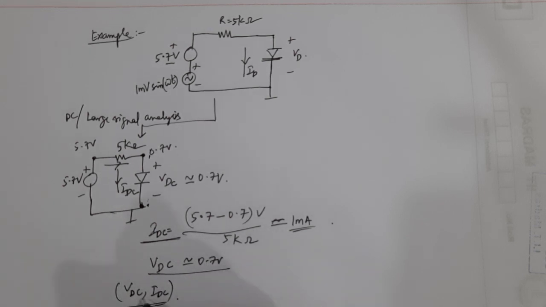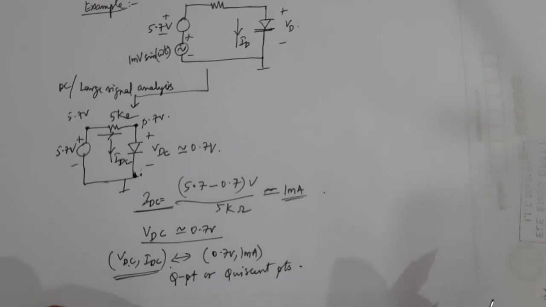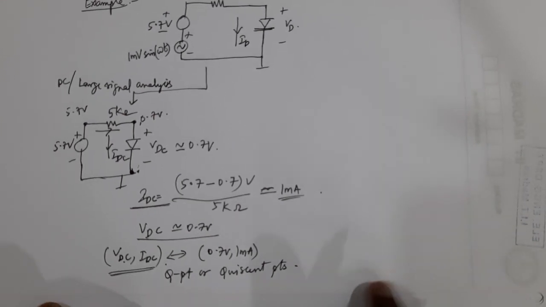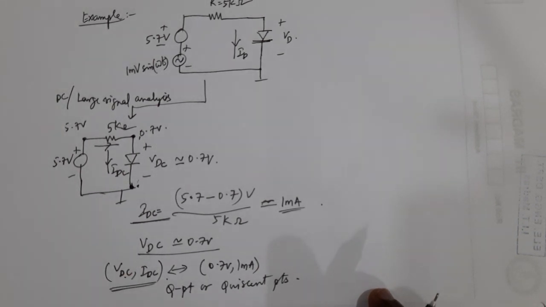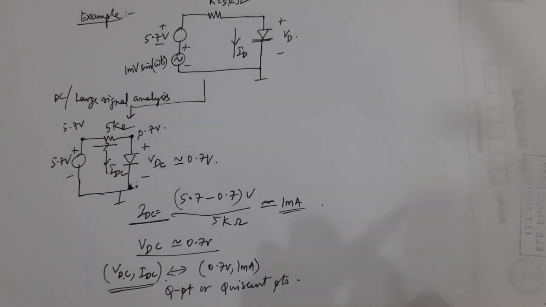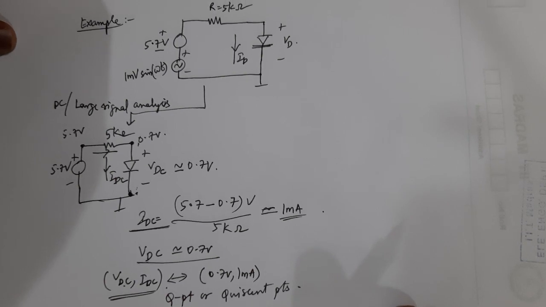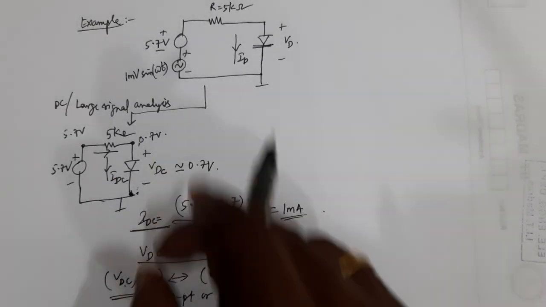Okay, this DC voltage and DC current, in this case 0.7 volt and 1 milliamp, is called the Q point or the quiescent point. Okay, now coming back to the main circuit.